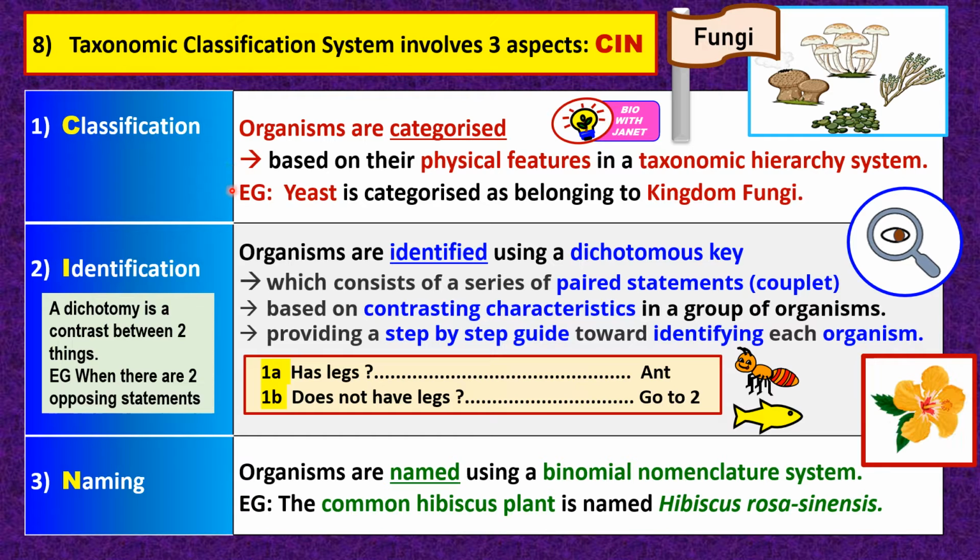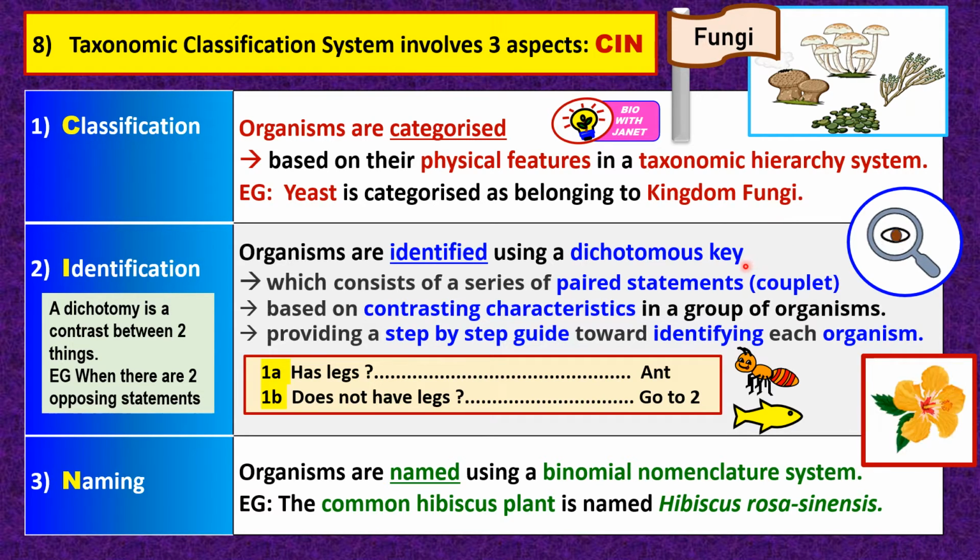For example, yeast is categorized as belonging to kingdom Fungi because it has a cell wall made of chitin, just like the other members of the kingdom Fungi. So based on physical features like the structure of the cell wall, these organisms are grouped together in the kingdom Fungi together with yeast because they all have a cell wall made of chitin.